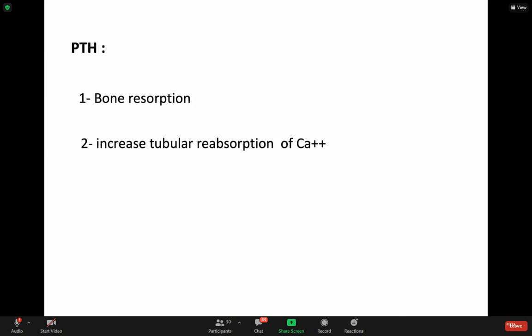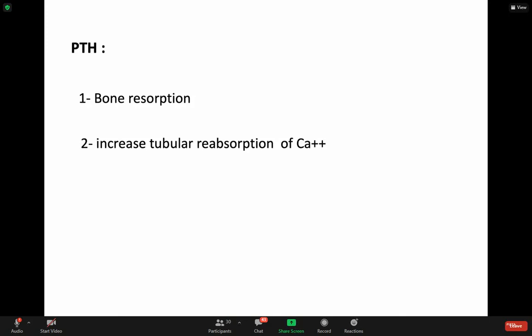So you will still have low calcium in very advanced chronic kidney disease. And you will still have high PTH, and the bone resorption will just keep going.